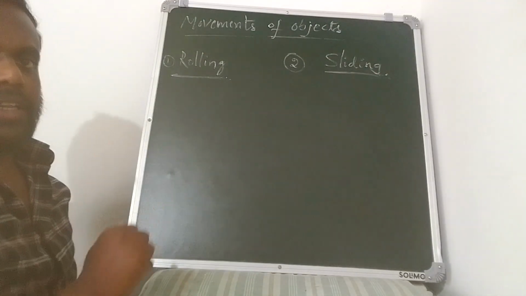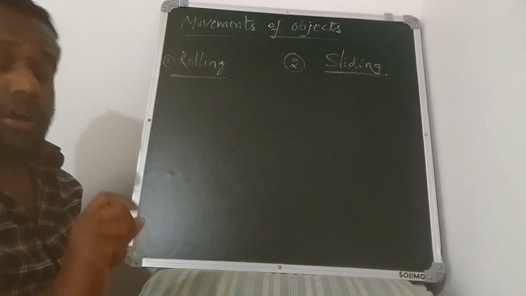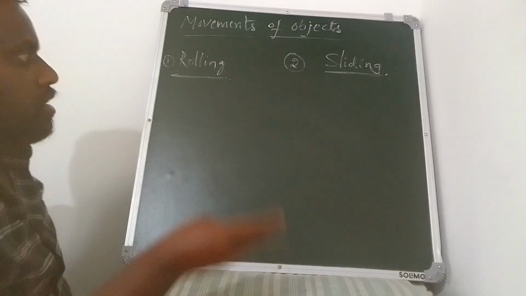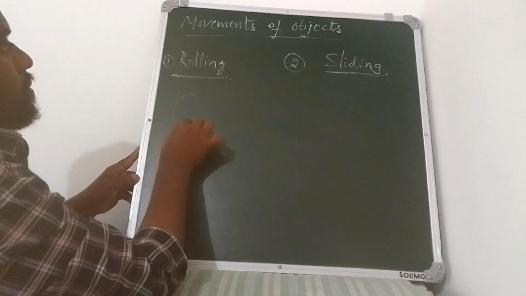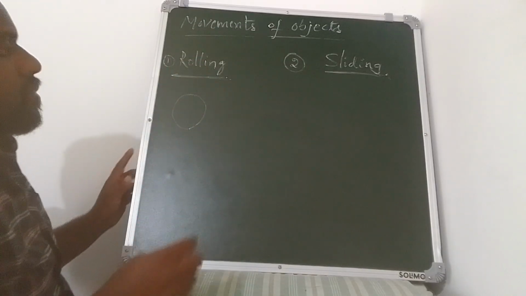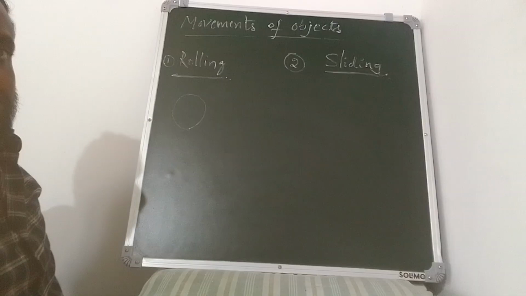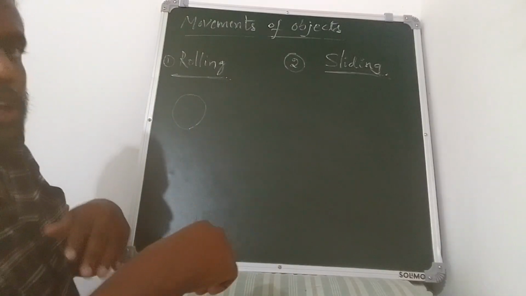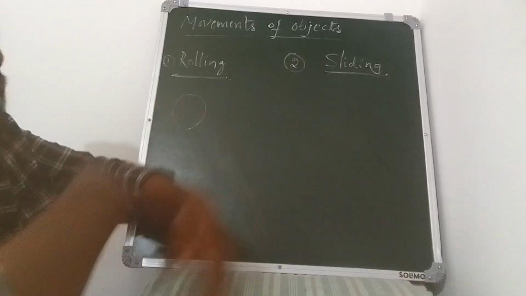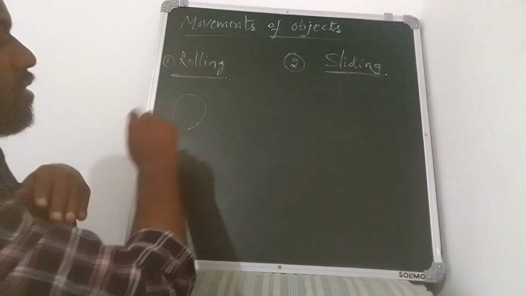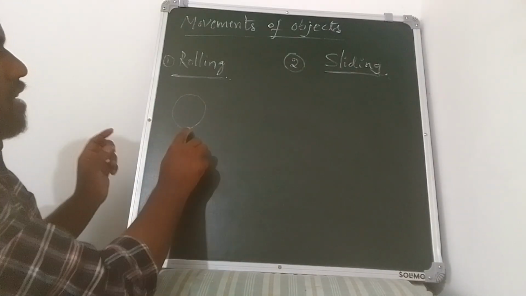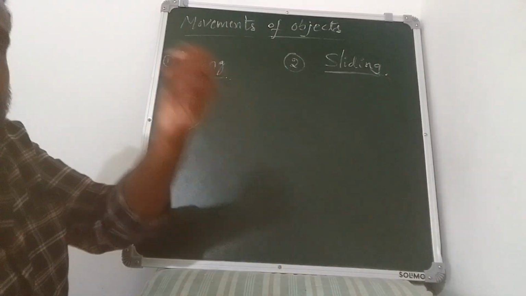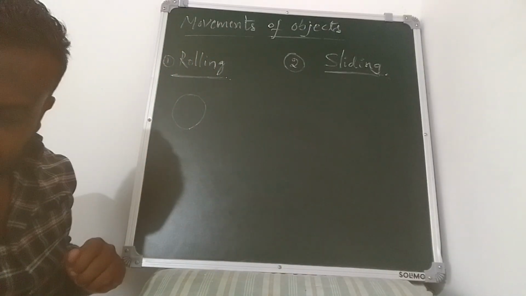If you take a coin, it is circle shaped, right? Next to wheels, if you take a car, the wheels will be circle shaped. So when we push like this, it will roll, right? The wheel, if we consider this as a wheel, will move like this. That's called rolling. I will show.